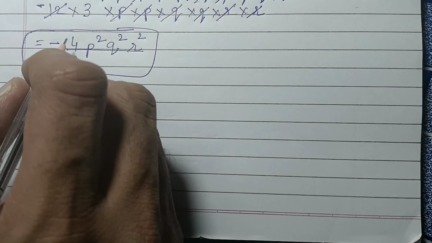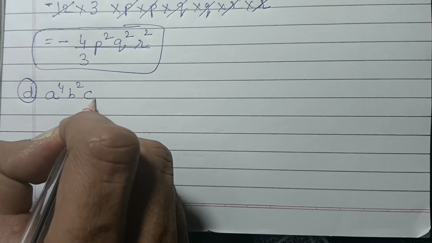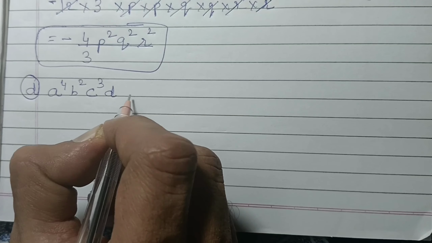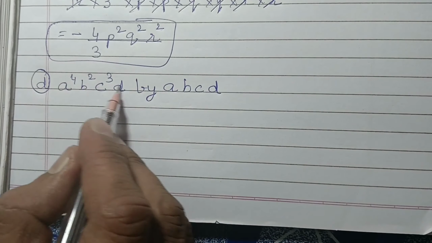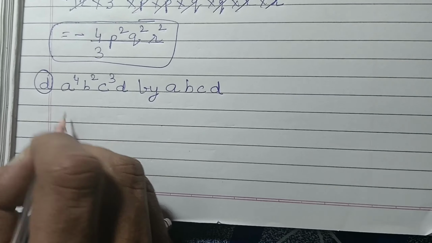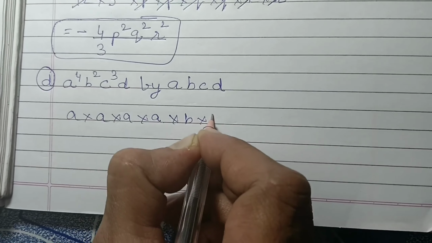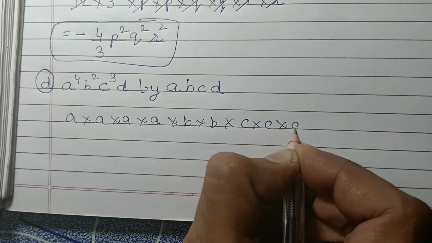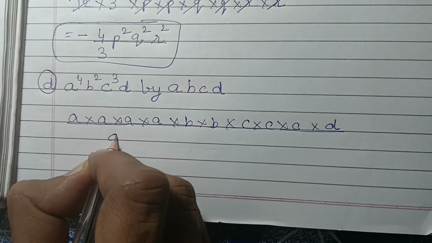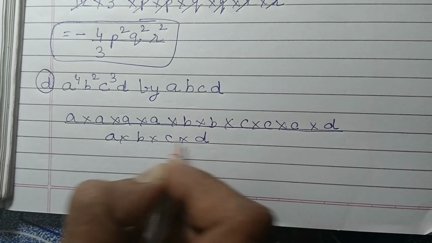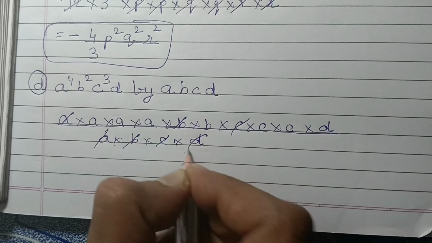Now we'll solve the d question, that is a to the power 4 b square c cube d, which will be divided by a b c d. Simply we have to write a 4 times, b 2 times, c 3 times, and d 1 time, and this whole term will be divided by a, b, c and d. a will cut one time, b will cut one time, c and d.